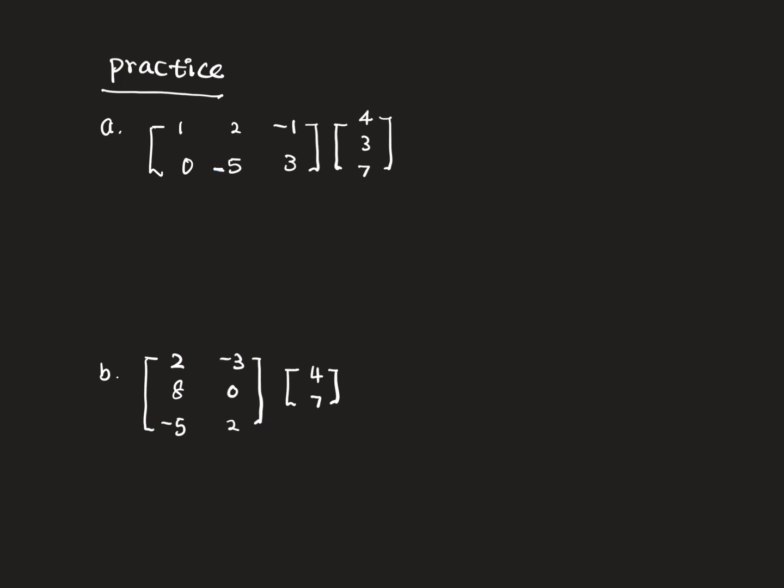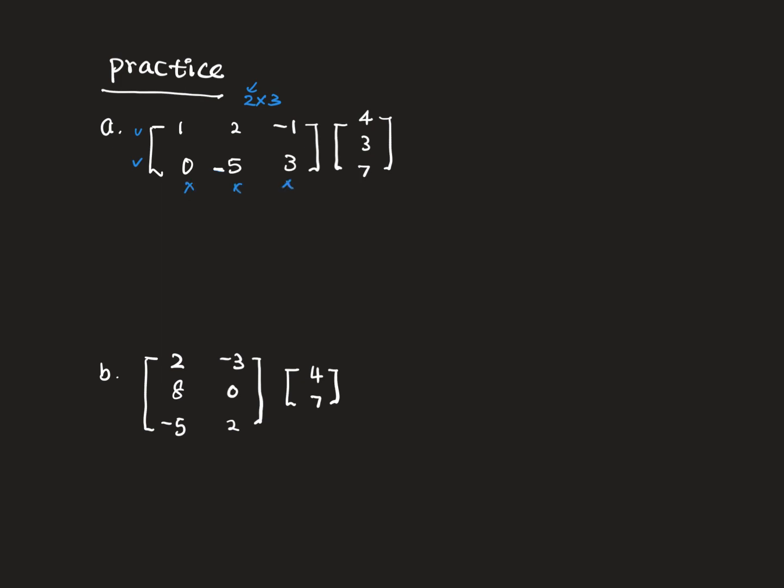Let's practice the product of a matrix and a column vector, okay? Here you have to check the size of the matrix, which is 2 by 3. Where does 2 come from? How many rows? 1, 2. How many columns? 1, 2, 3.